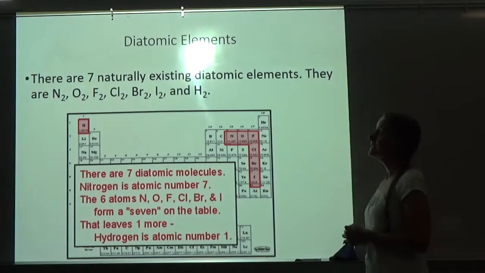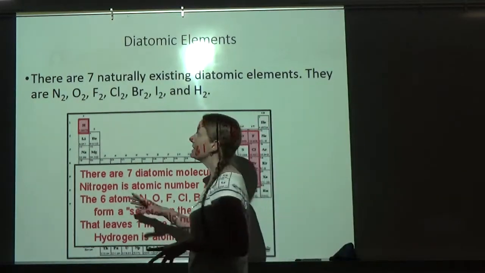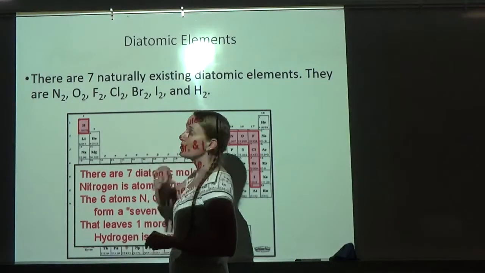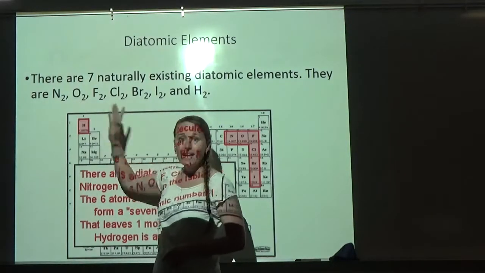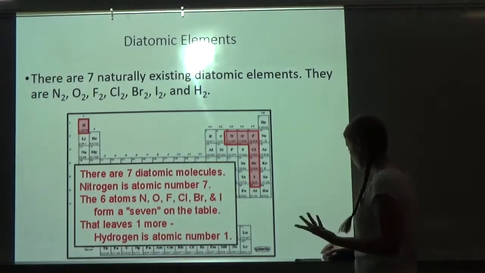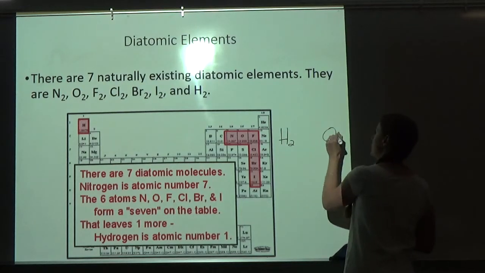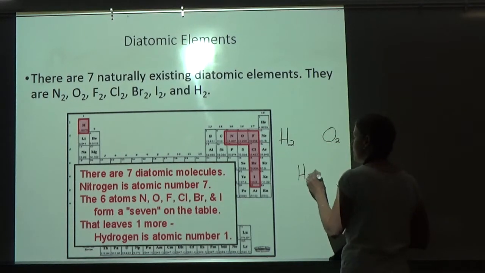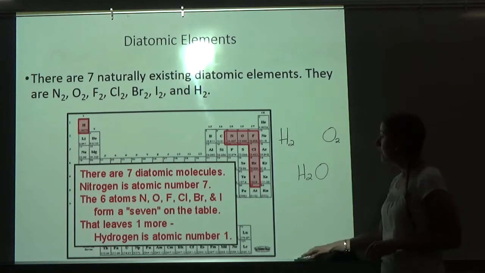What it means is when these elements are by themselves, they are always diatomic and have a 2. So the oxygen you breathe is not just O, it's O2. Once they bond with something, they don't have to have the 2 anymore. For example, hydrogen is H2, oxygen is O2, but once they bond and make water, it's H2O, and oxygen is no longer diatomic.